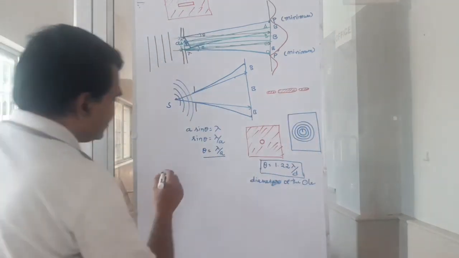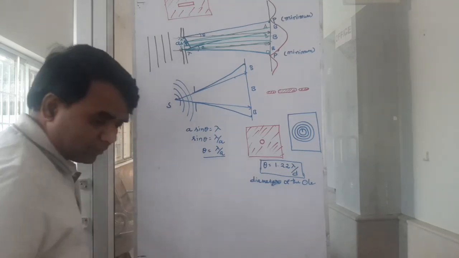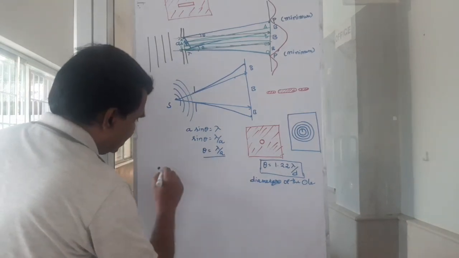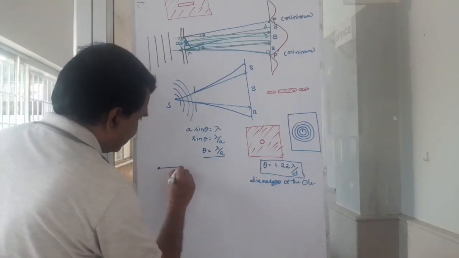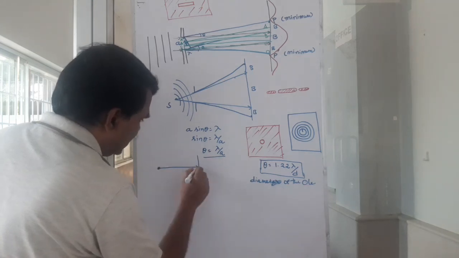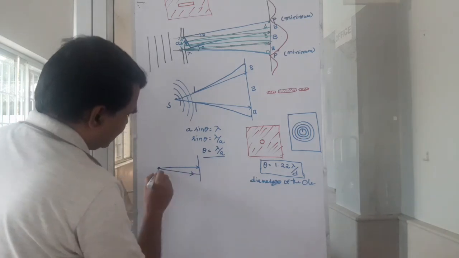In ray optics, what did you have? If you have an object here, and then the ray that is starting from the object, then it hit there. So it was a point, then it was a point here. It was a point, it was a point here.